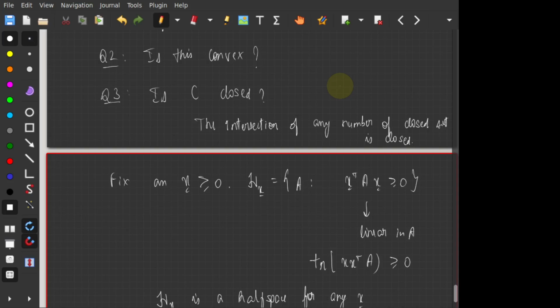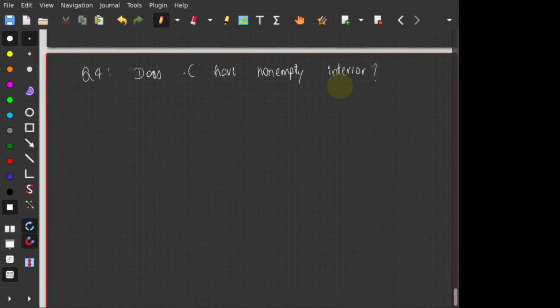The set of all PSD matrices has a non-empty interior. Is it proper?